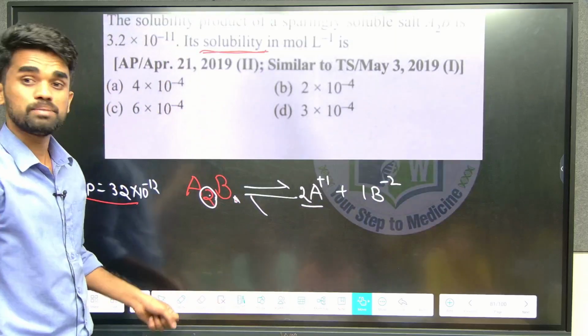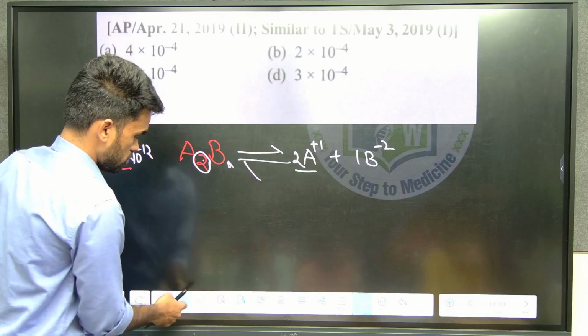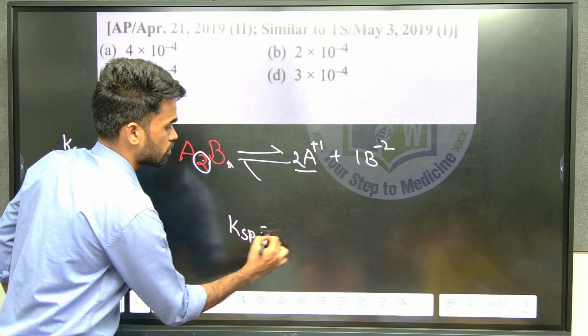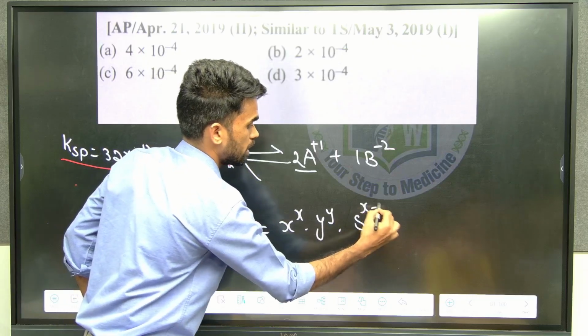Next, I'll tell you a simple tricky way. Ksp equals x to the power x, y to the power y, s to the power x plus y.